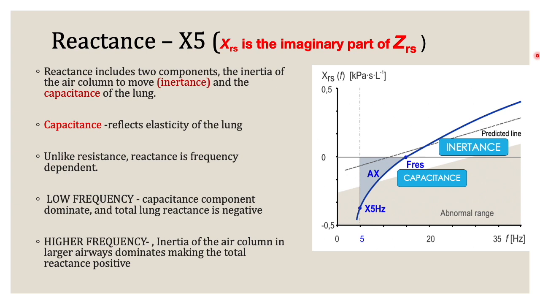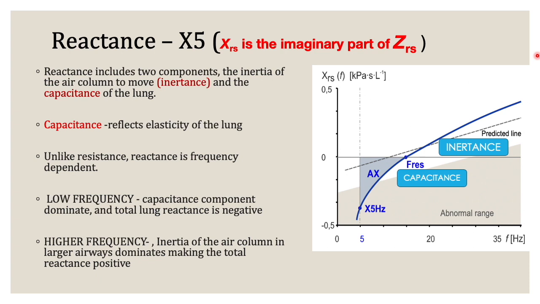However, it's important to know that even if there is fibrosis or emphysema or small airway disease, the reactance still changes in either of them. So reactance may not just mean the ability to recoil.